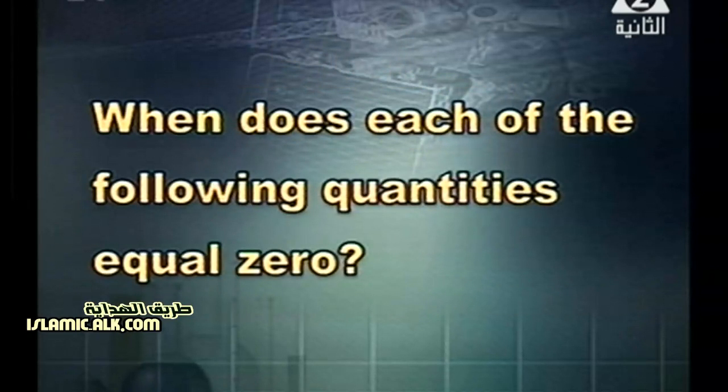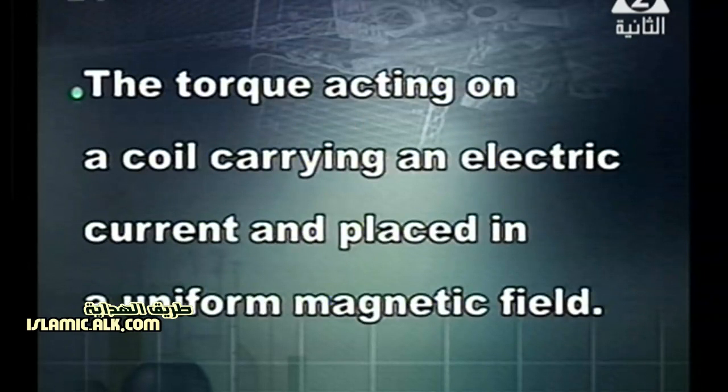Another type of question: when does each of the following quantities equal 0? The torque acting on a coil carrying an electric current and placed in a uniform magnetic field.